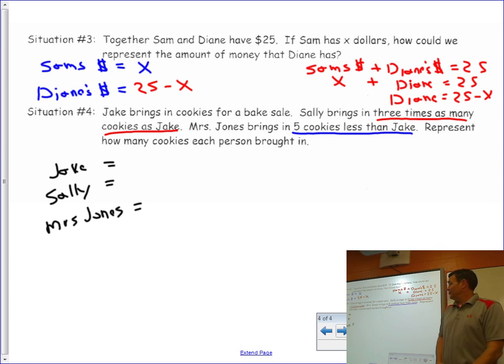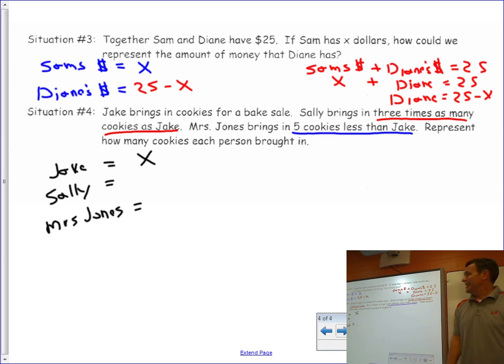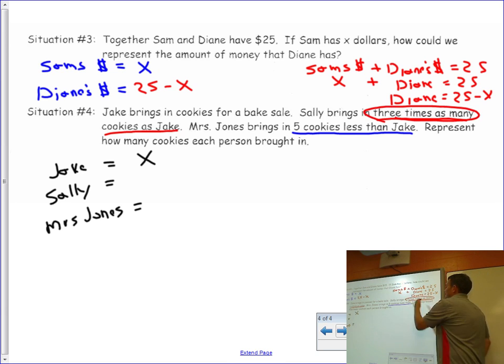And again, I would point out that Sally is compared to Jake, and Mrs. Jones is compared to Jake, so it makes sense if I made Jake the person who brought in X cookies. And if Jake brought in X cookies, now I can just look at the other 2 and see how they compare to X. Sally brought in 3 times as many. So 3 times X would be 3X.